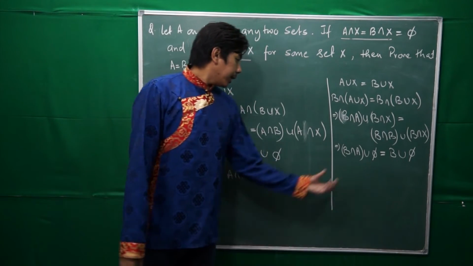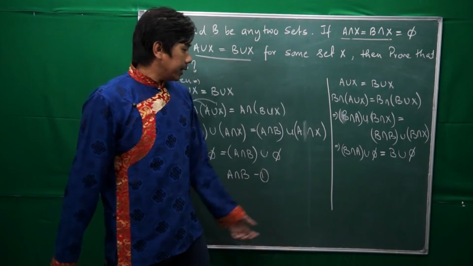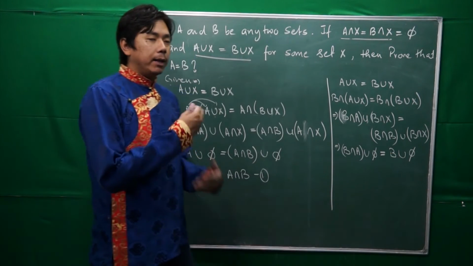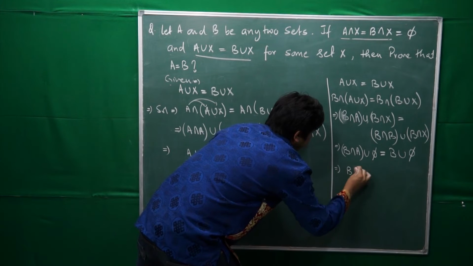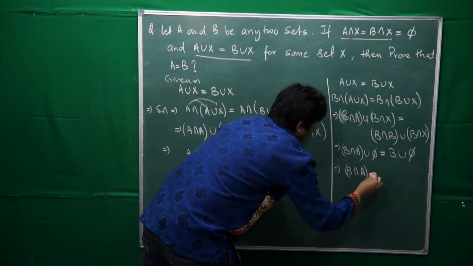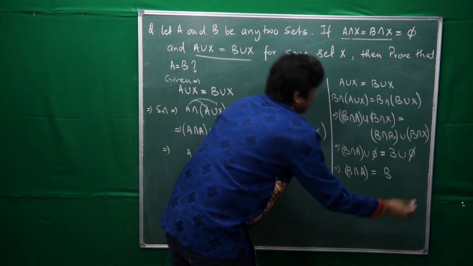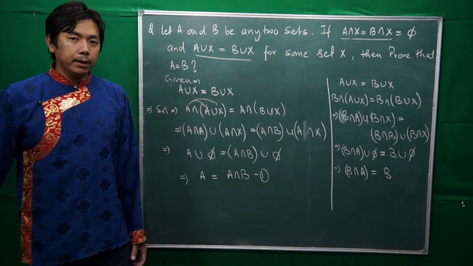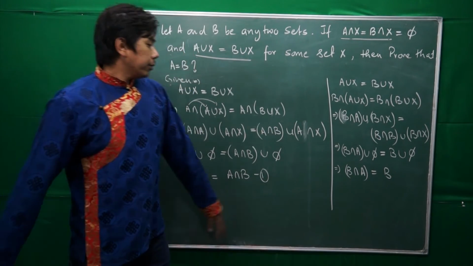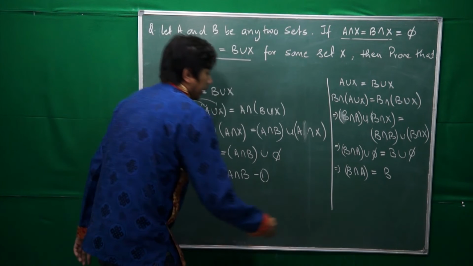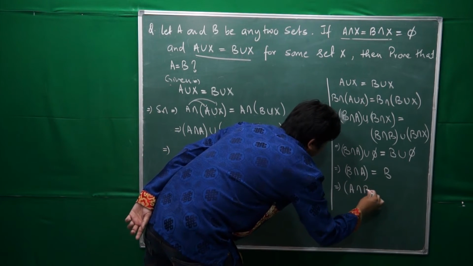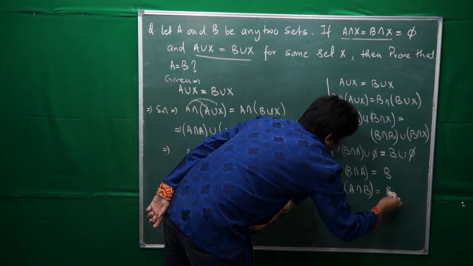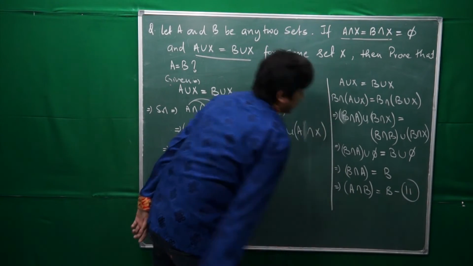Now again, union with the null set, it will again be B intersection A equals B. Alright. Clear? Now using the commutative law, B intersection A can also be written as A intersection B. This is my second equation.